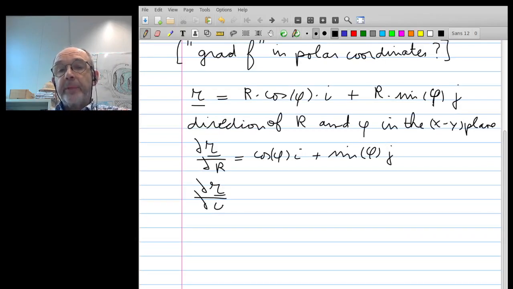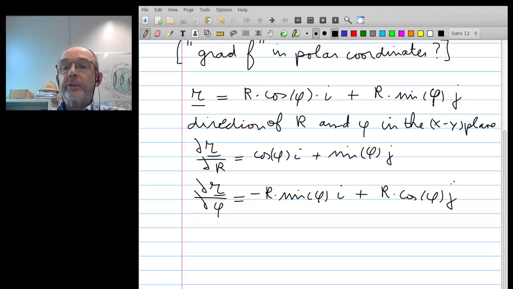Now if I differentiate with respect to phi, I get minus R times the sine of phi times i plus R times the cosine of phi times j.